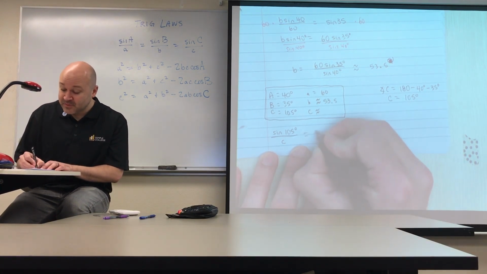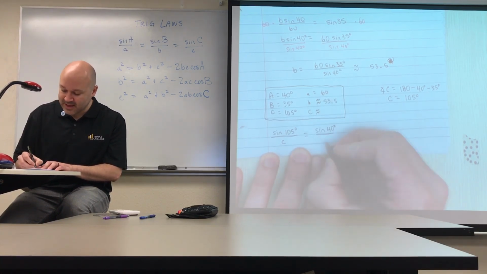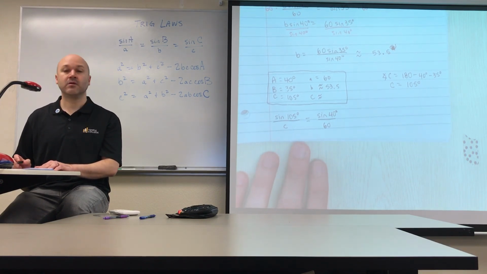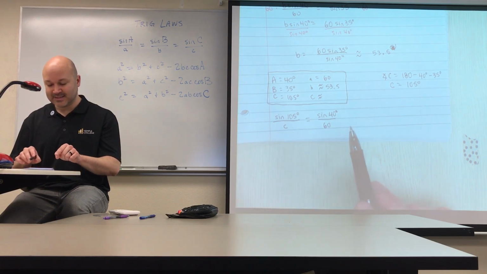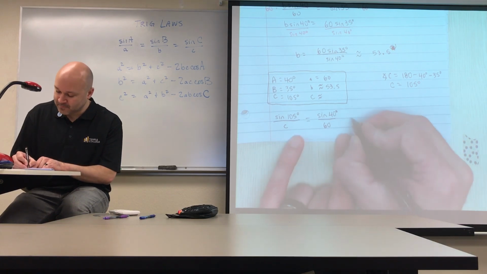So I'm going to go back to sine of A over A. Similar to before, I'm going to multiply both sides by 60 C and divide by sine 40.